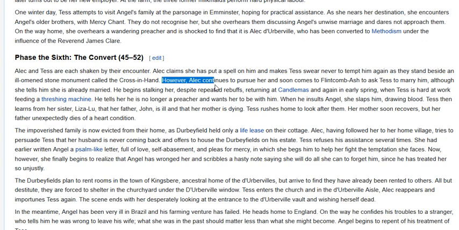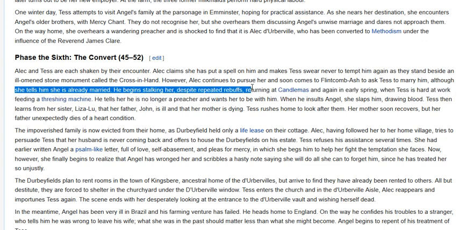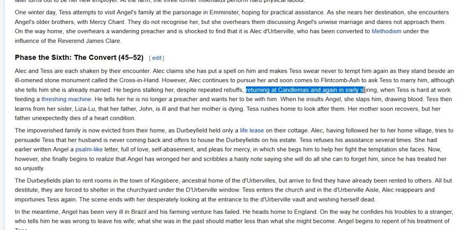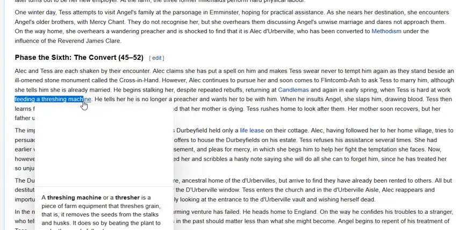However, Alec continues to pursue her and soon comes to Flintcomb-Ash to ask Tess to marry him. Although she tells him she is already married, he begins stalking her despite repeated rebuffs, returning at Candlemas and again in early spring when Tess is hard at work feeding a threshing machine.